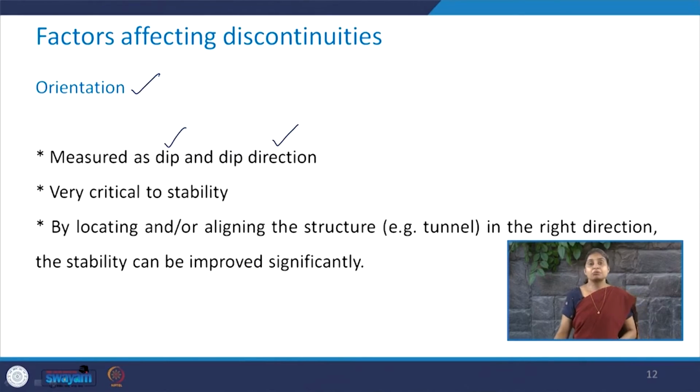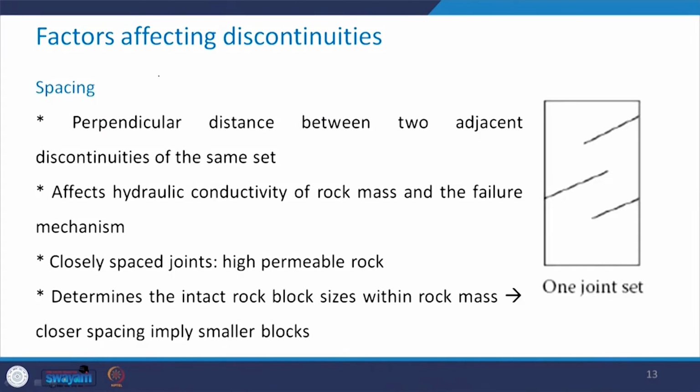So by locating or aligning or both, location as well as alignment of the tunnel in the right direction, you can improve the stability significantly. Therefore, orientation is one of the most important factors which affects the discontinuity.